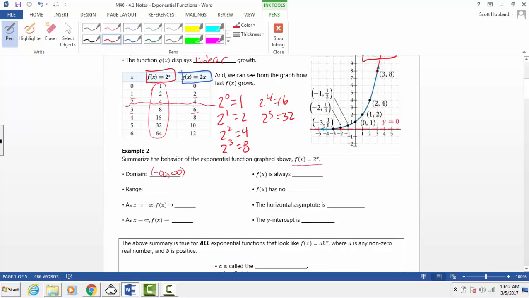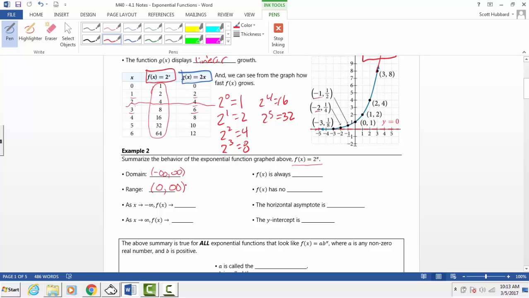But the smallest the graph can ever get is 0. It will approach 0, but it won't actually reach 0. As you plug in negative numbers here, like -3, -2, -1, all that does is make a fraction. And that fraction will approach 0, but never reach 0.